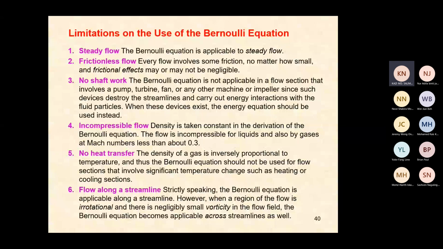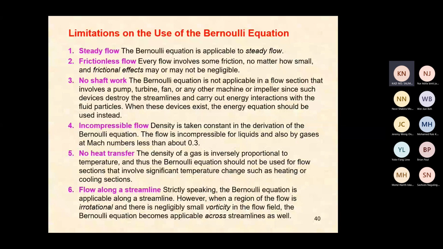The second thing is that friction losses will be neglected, because there is no frictional flow, so it's a reversible process. Not the reality, but a reversible process. Number three is no shaft work. If some shaft work is there, then energy will be lost.